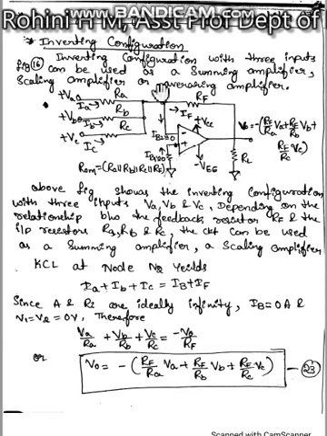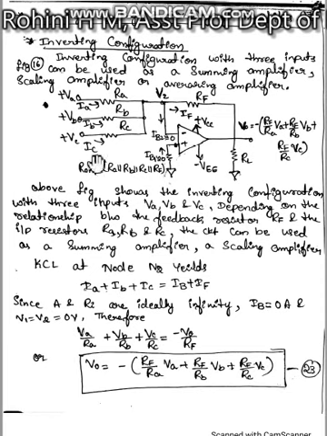Since V2 is 0, it is 0 minus Vout by RF, so it's only Vout by RF. If we equate for Vout, we can write Vout is equal to minus of, we'll send RF to the other side, RF by RA into VA, RF by RB into VB, then RF by RC into VC.